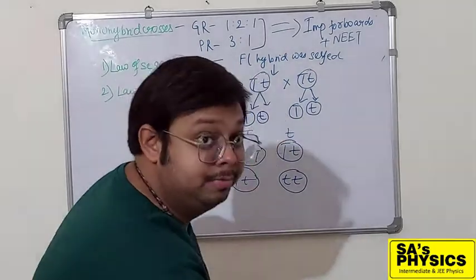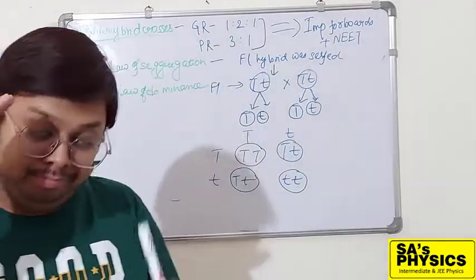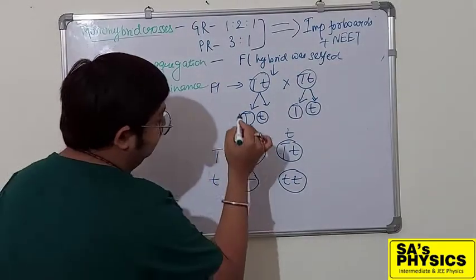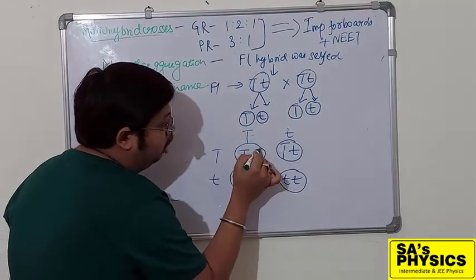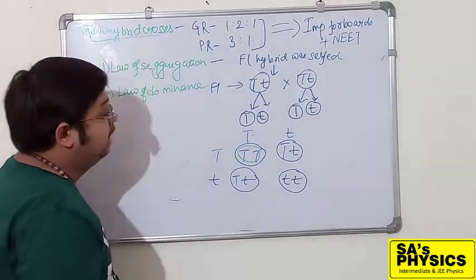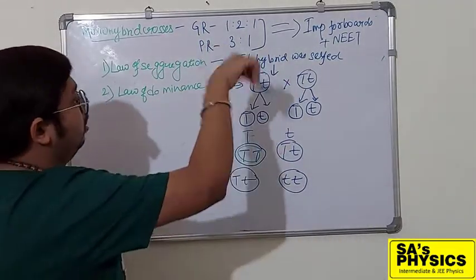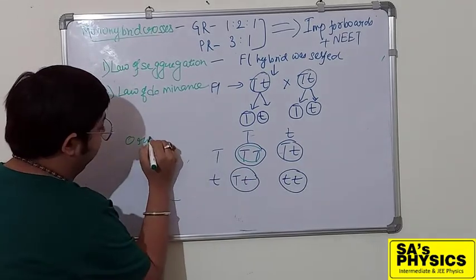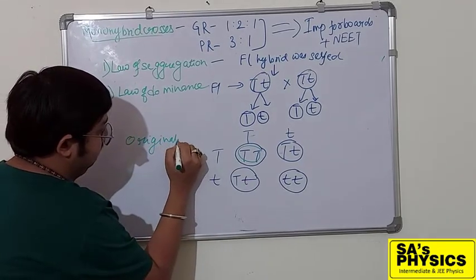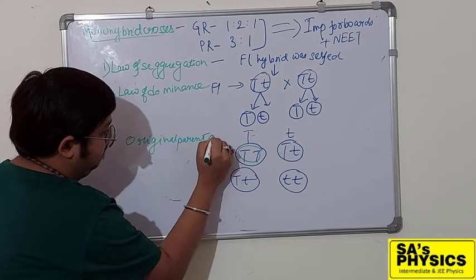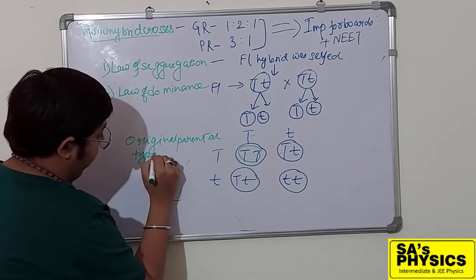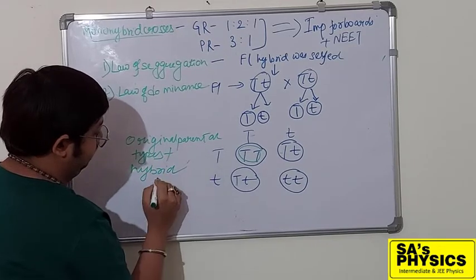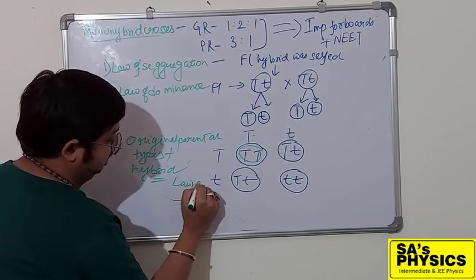So whenever you are doing a cross in which there is segregation of the gametes in such a way that they mate to get back to the original parental types plus hybrid, that is law of segregation.